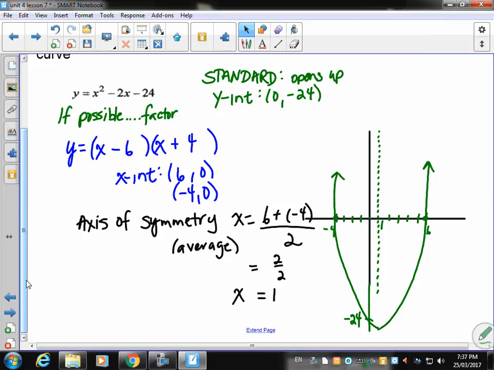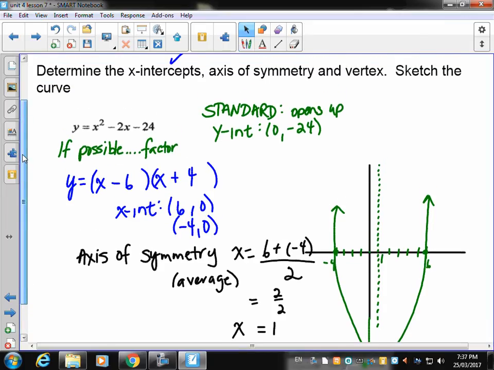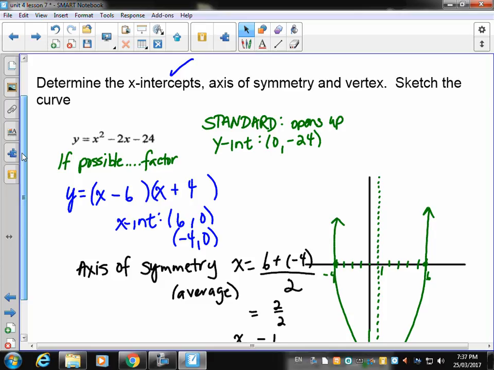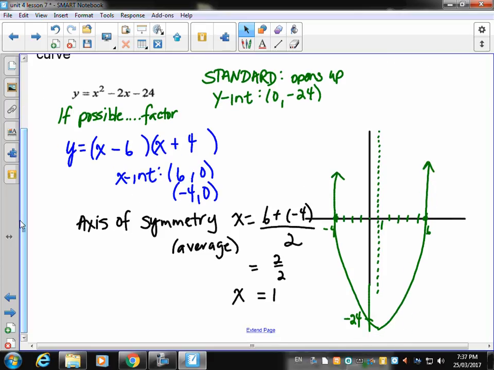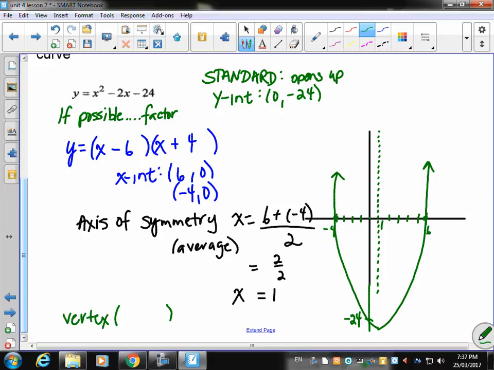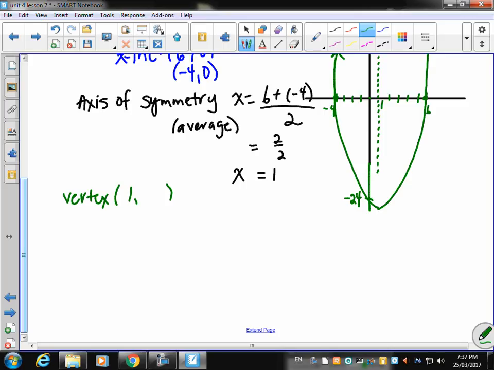What else have we been asked for? The axis of symmetry and the vertex. So we need to know the vertex exactly. Our vertex lies on the axis of symmetry, which is at x equals 1. So I know my vertex will look like that.